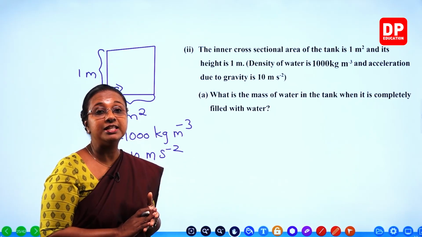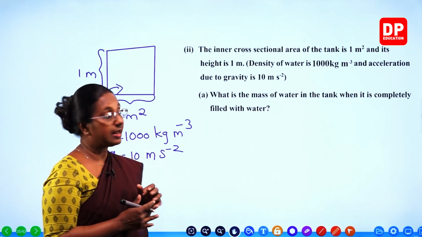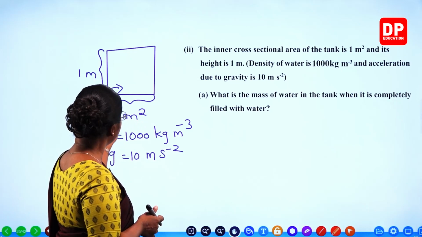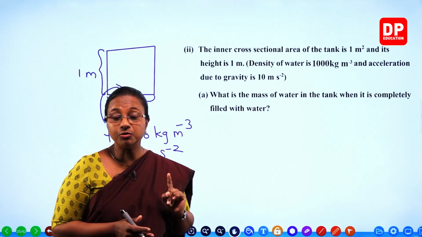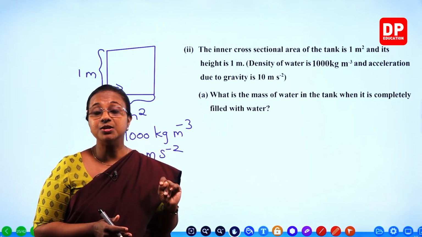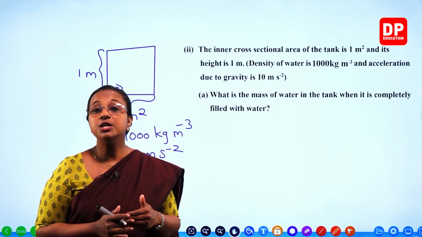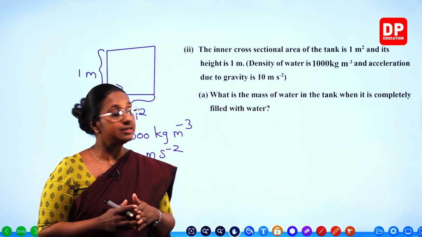So you can find the volume of water that is present inside the tank. If you know the volume of water, then we can relate it to density and find the mass of water, because density is the mass per unit volume of a particular substance.